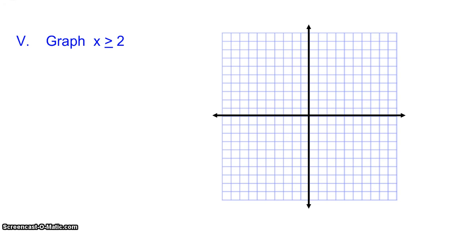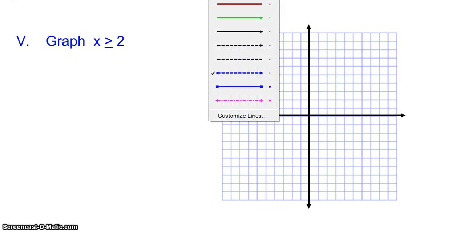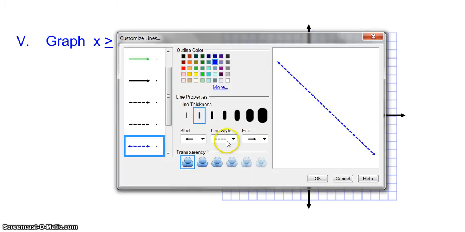So where is this line and what does the line look like? Tara. Line is on where x equals 2 and it's solid because it's equal to. Okay, she says it's solid because of greater than or equal to, so I'm going to have to change my line style here.